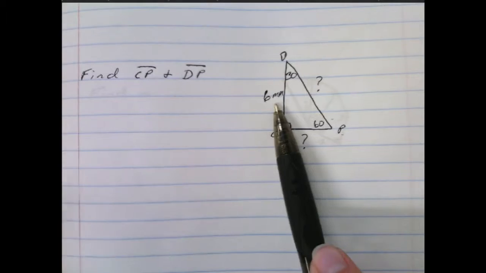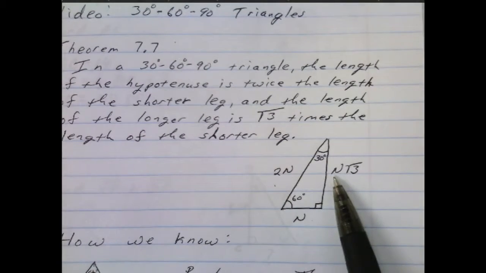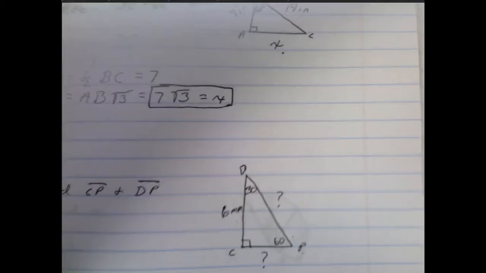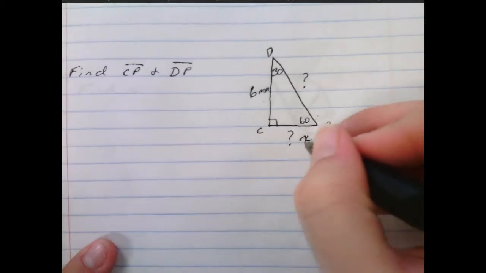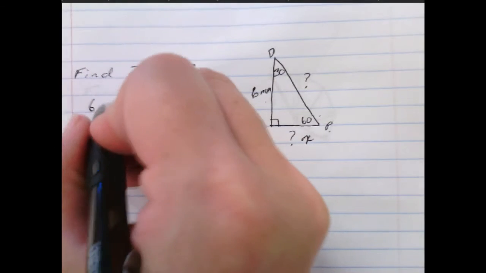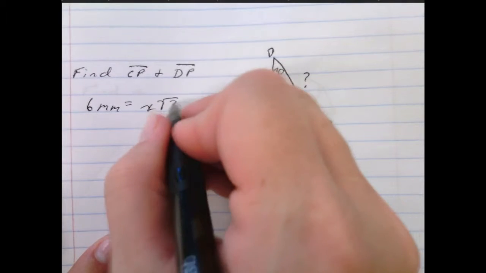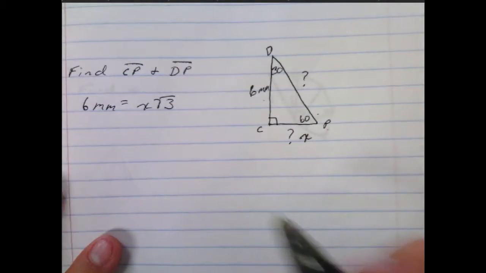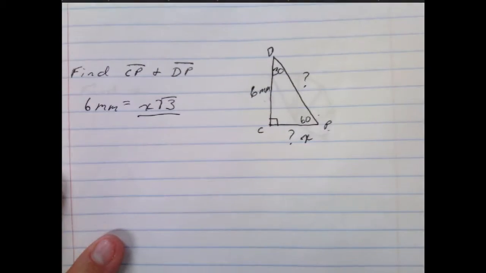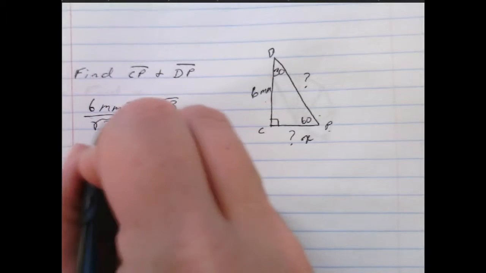We know that if we look back over here at our information, the longer leg is the short one times the square root of 3. So if we put x here, we know that 6 millimeters equals x square root of 3. So then we're going to solve for x to find our shorter leg. This is very similar to what we did for those 45, 45, 90s. We're going to divide by square root of 3 on both sides.